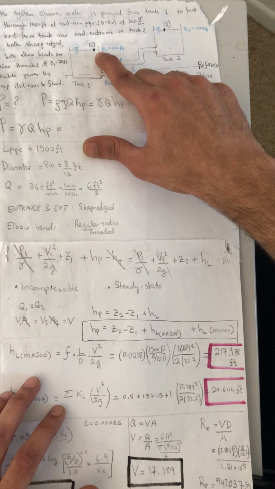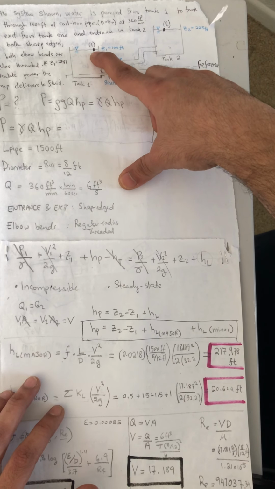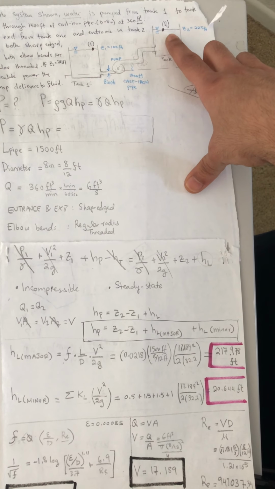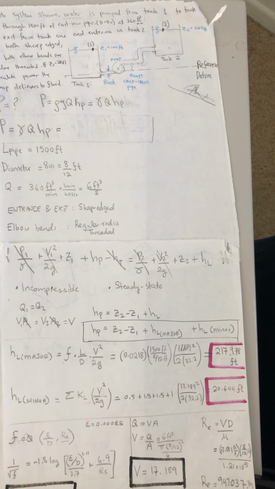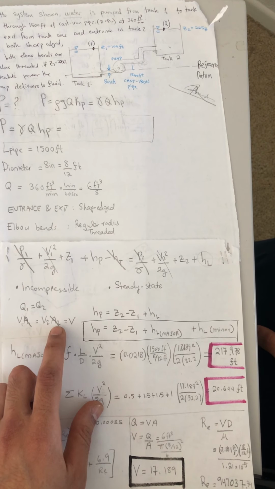So we know the atmospheric pressure, we know the height at this point, and we know the velocity. Same as for location 2. After that, we simplified our Bernoulli equation. We said that our velocity does not change between section 1 and section 2, and we proved it using the continuity equation.